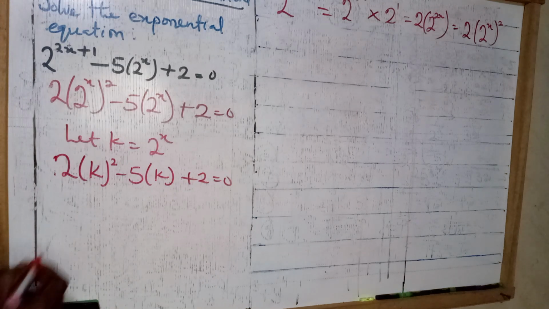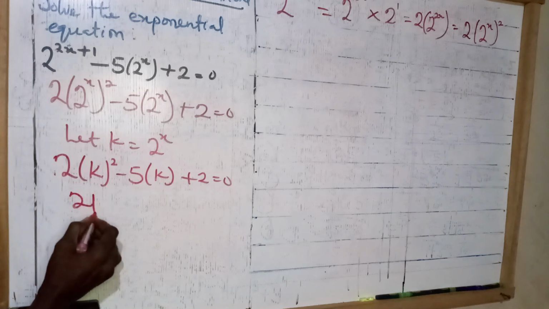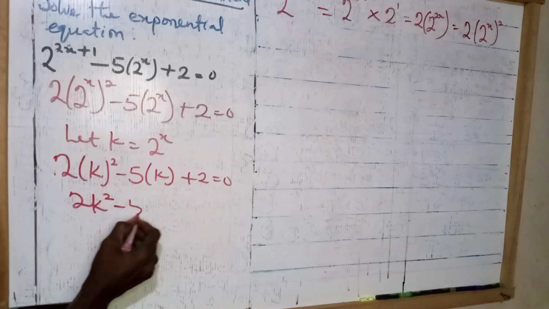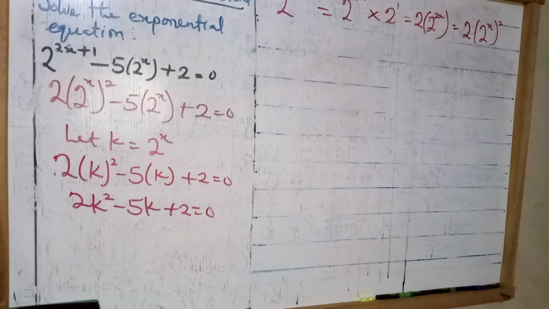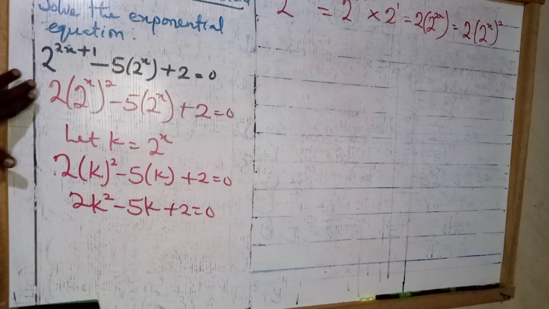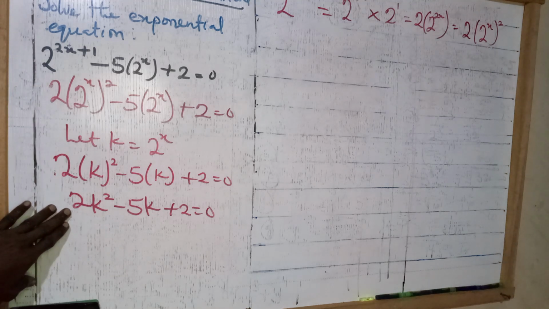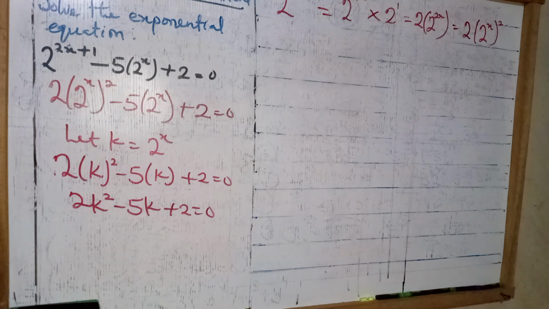Okay, so this simply means we have 2k squared minus 5k plus 2 equals to 0. So we can now see that the exponential equation has now transformed to a quadratic equation, which we are going to use method of factorization to solve.